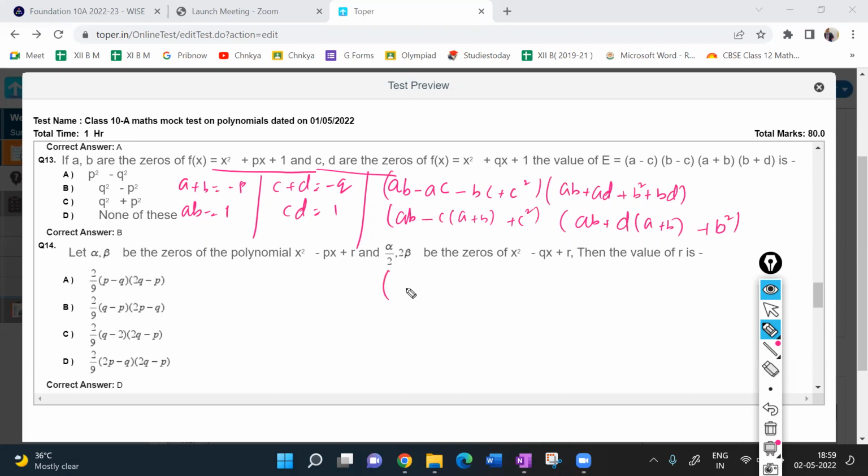So AB value how much? 1. Minus C into AB value is minus C plus C square. AB value 1 plus D into minus P plus B square. So minus into minus is plus.